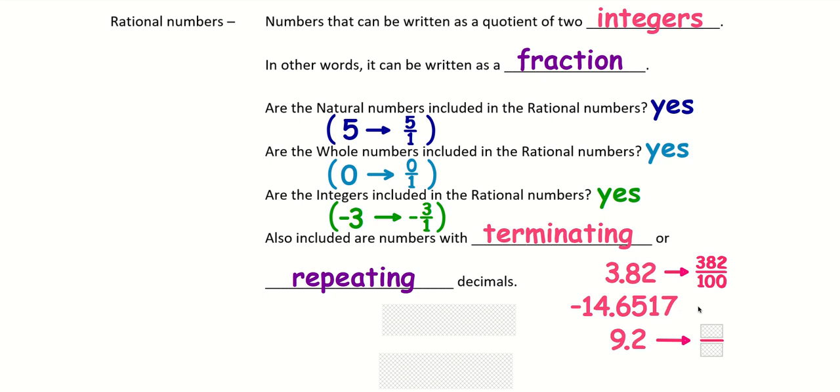You might start by writing this as a mixed number, like -14 and 6,517 over 10,000, and then you could change that to an improper fraction. I'm not going to go into it there.